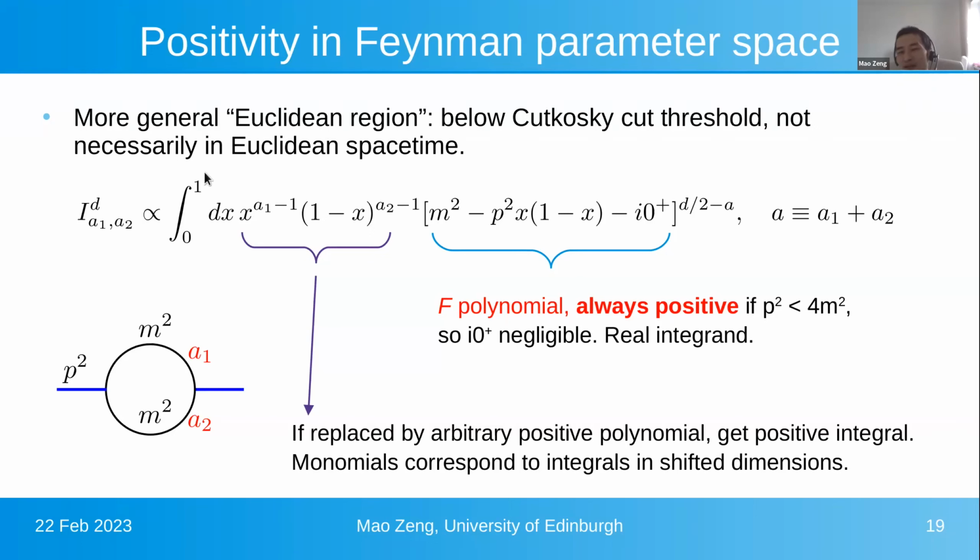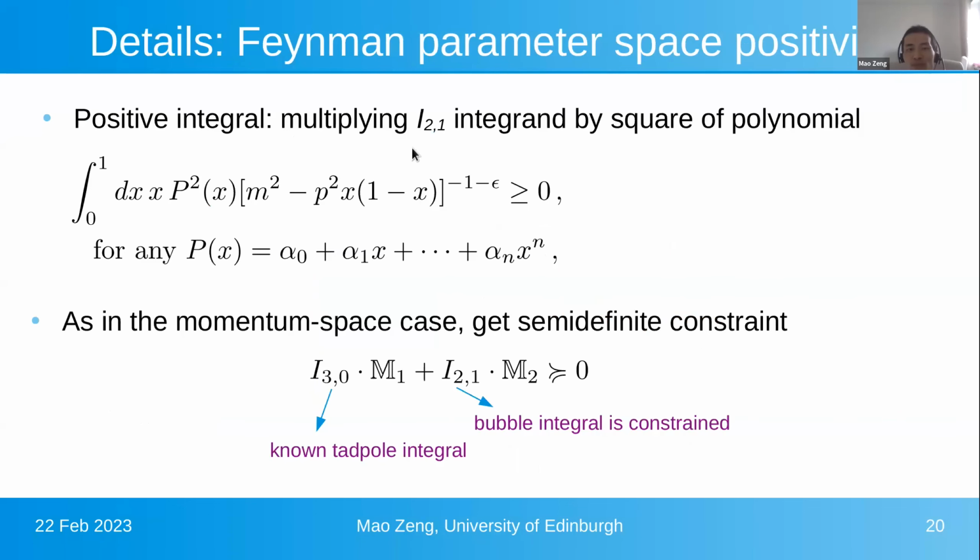So the story that follows is exactly the same as what we worked out in the momentum space representation of the positivity constraints. So once the dust settles in this Feynman parameter space reformulation, you can get highly accurate evaluations of the integral for positive values of p squared, as long as it's below 4m squared.